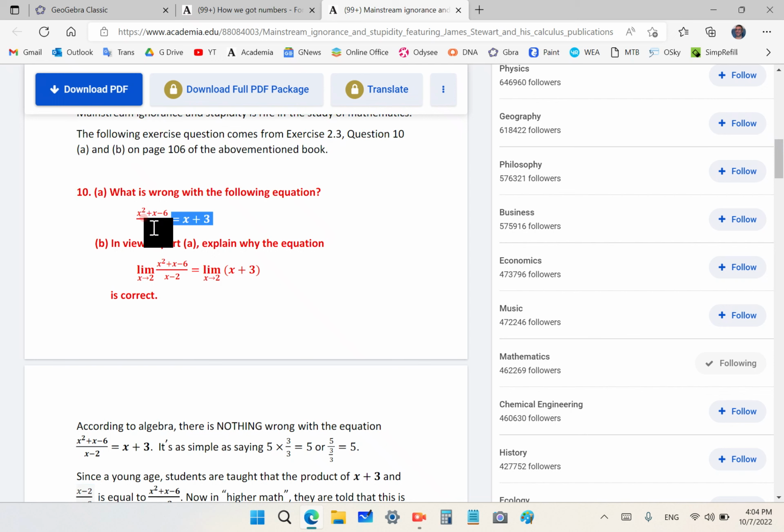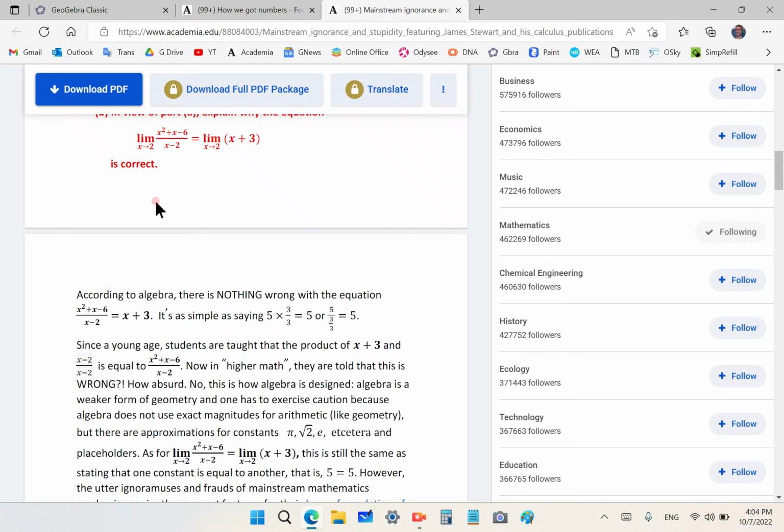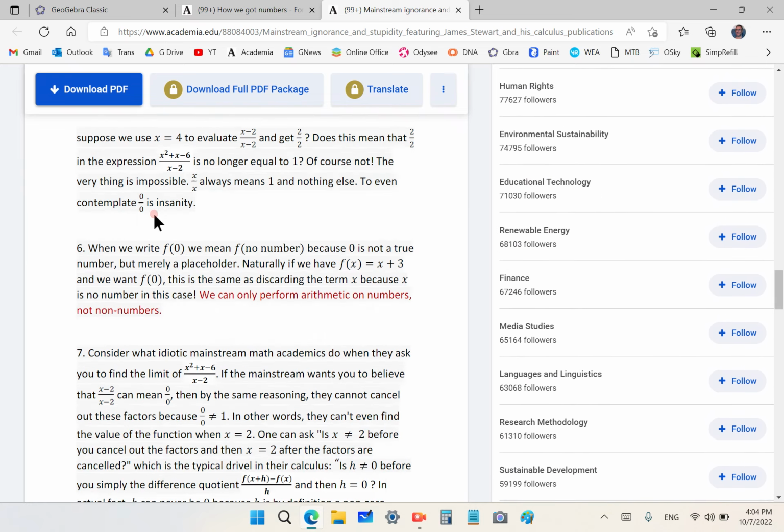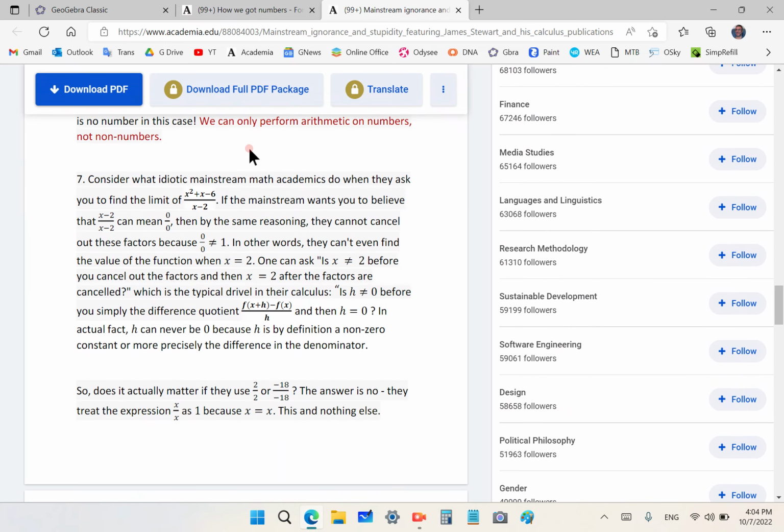For example, James Stewart will tell you that there's something wrong with this equation here, and that's absolute rubbish. This is a very valid equation. There is nothing wrong with it. And I explain all the details in this article.